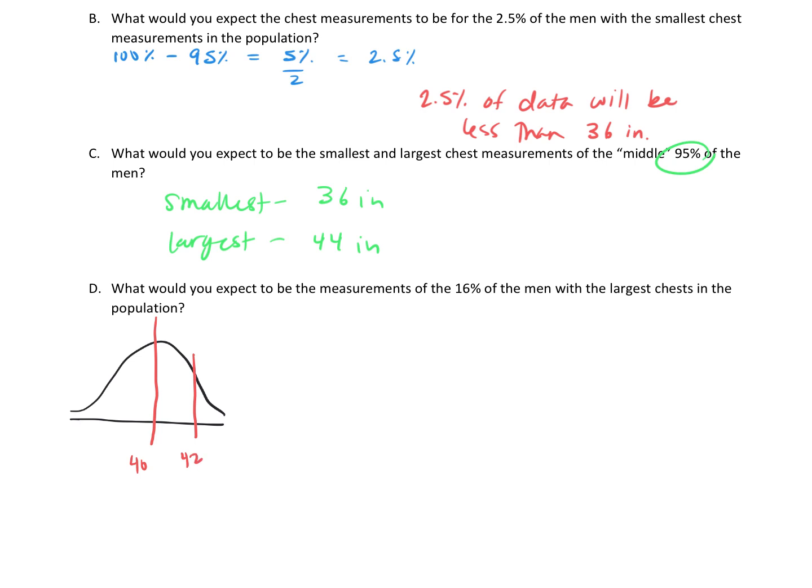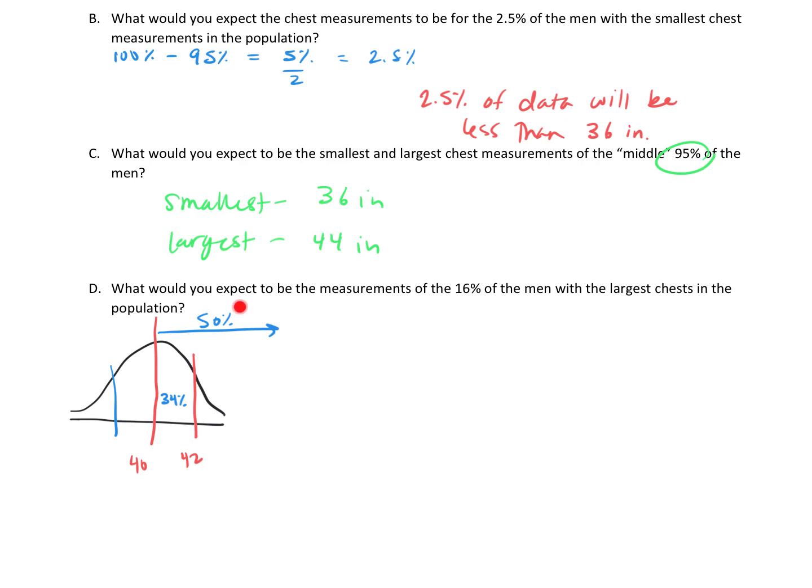We know that half of the data, 50% of the data, is going to be above 40. We also know that 68% of the data is within 1 standard deviation of the mean, above and below. So if this is 68% of the data and this is symmetrical, we can cut that in half and say that this is 34%, from 40 to 42.